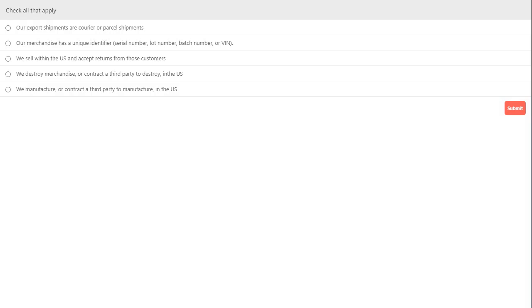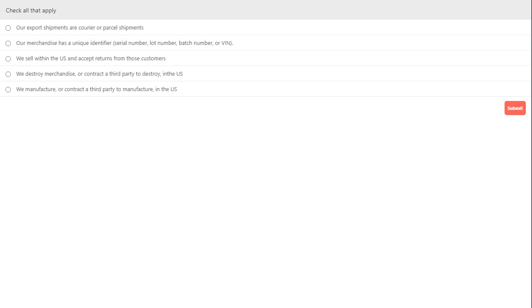I think this is the last poll, just quickly looking at some complicating factors for drawback. For example, export shipments that are courier or parcel shipments. These smaller direct-to-customer shipments often lack a little bit of traceability. Sometimes documents disappear off of some vendor's website.